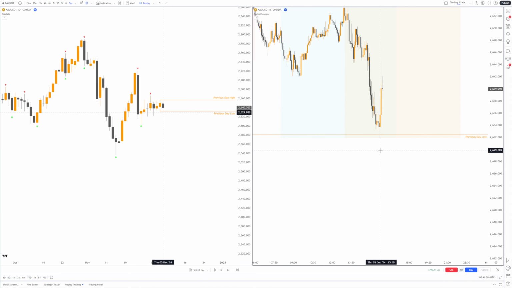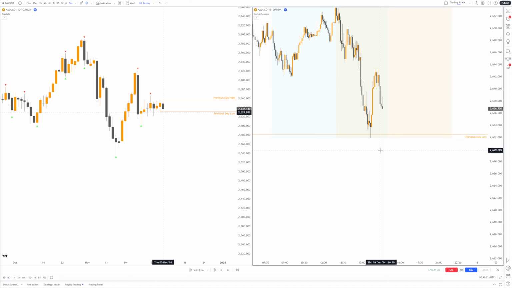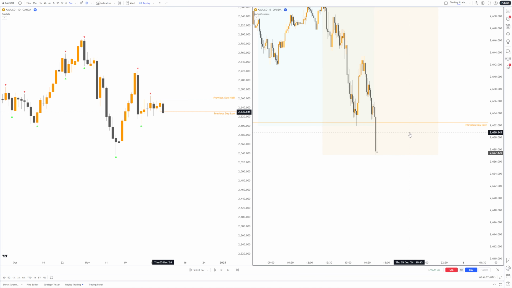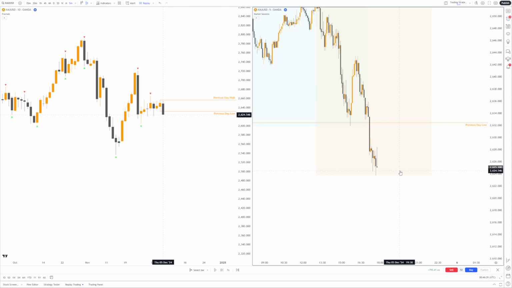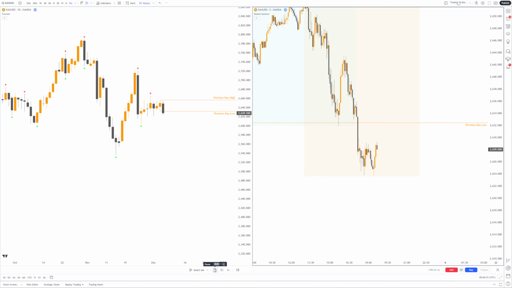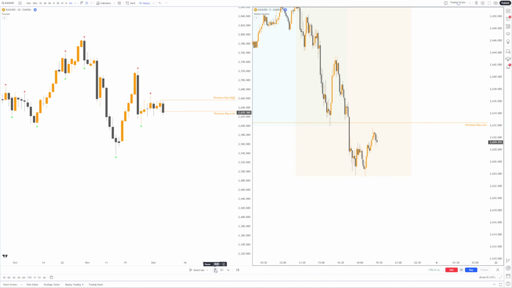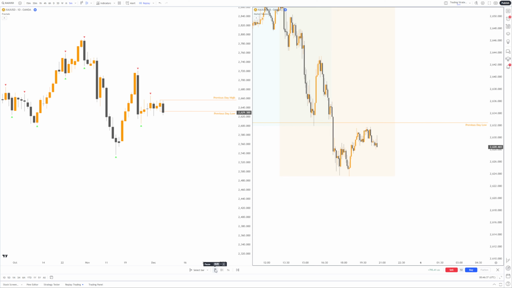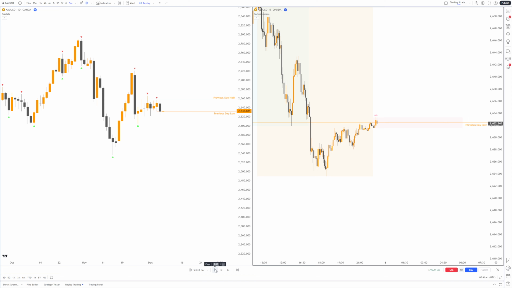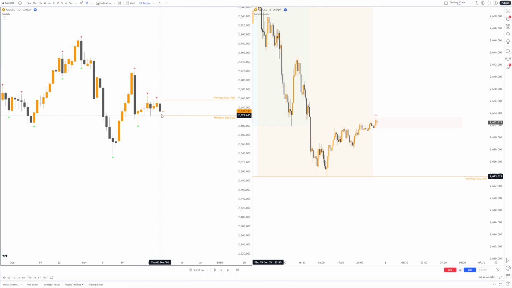Just a wick rejection. We don't take that trade based on wick rejection. Wait for a candle close. There you go, and then we close back in. No trade for that day. Move on.